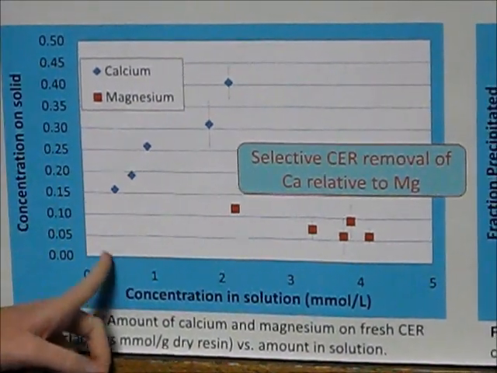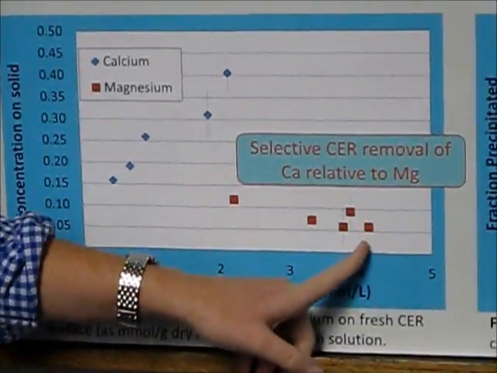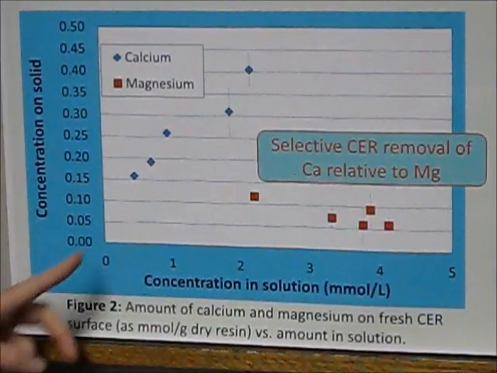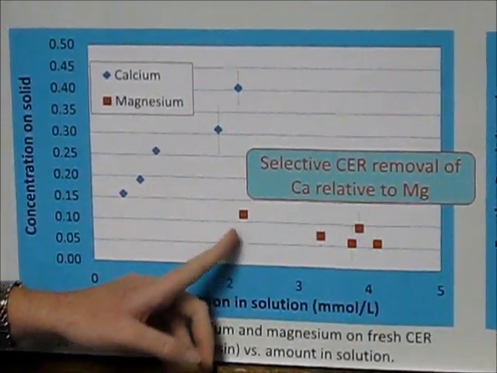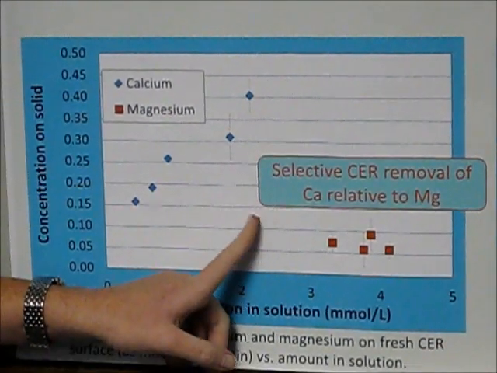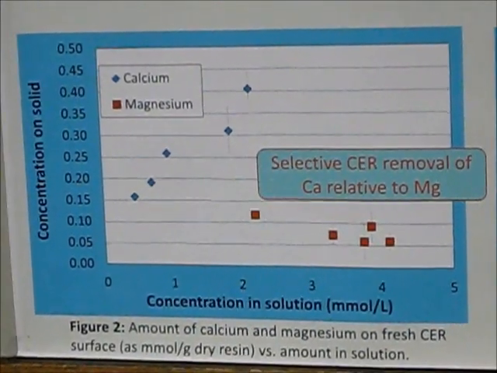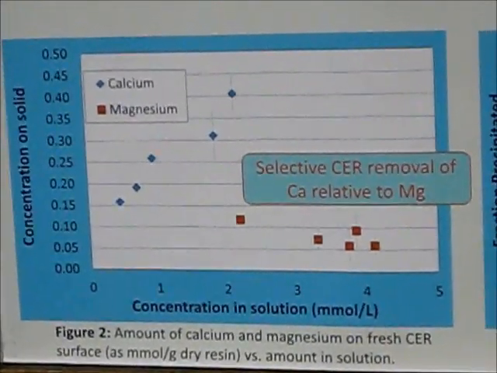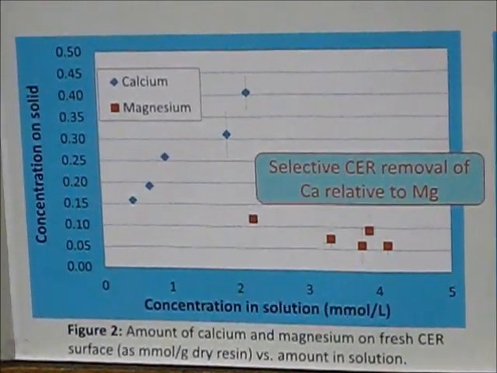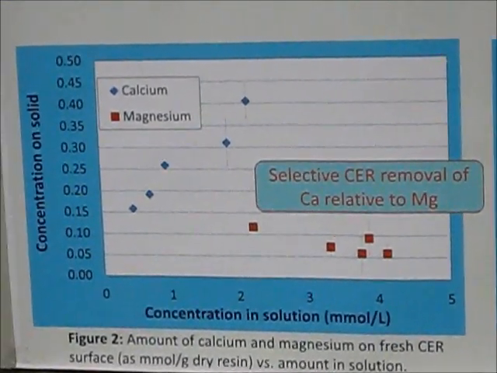However, for magnesium, as the concentration in solution increases, the uptake onto the resin surface does not increase. In fact, it remains pretty much steady and actually begins to decrease. So this highlights the cation exchange resin's removal preference of calcium over magnesium.